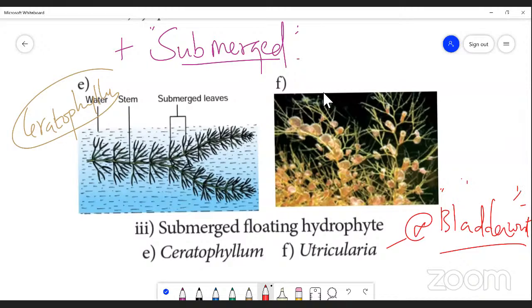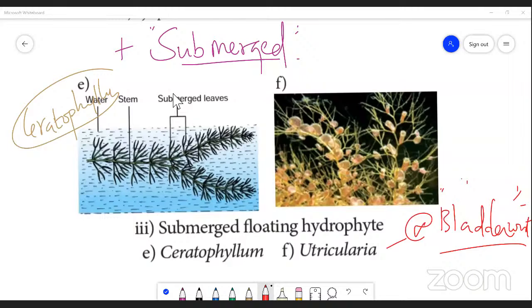Dear students, bladderwort. Which of the following plants is known as bladderwort? Dear students, could you answer please? Utricularia. Very good.